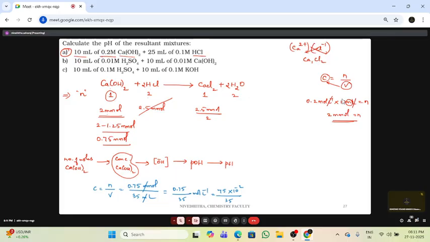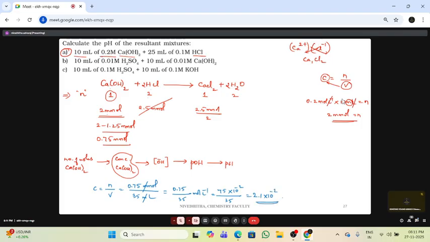Right, so it is easy for us to divide 75 and 35. Right, Kana? Can you please do that? 75 divided by 35. It's 2 point something, right? Please come up with only one decimal after the point. Yes, 2.1 into 10 power minus 2. Very good. So the concentration of calcium hydroxide is 2.1 into 10 power minus 2.